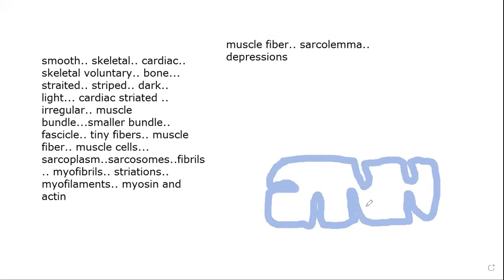These invaginations are known as the T-tubules or the transverse tubules because of the shape. The muscle fiber is covered by the sarcolemma, and it has depressions which are called the T-tubules.